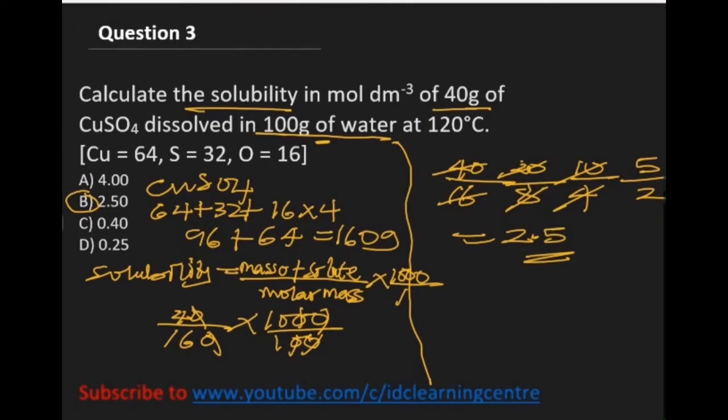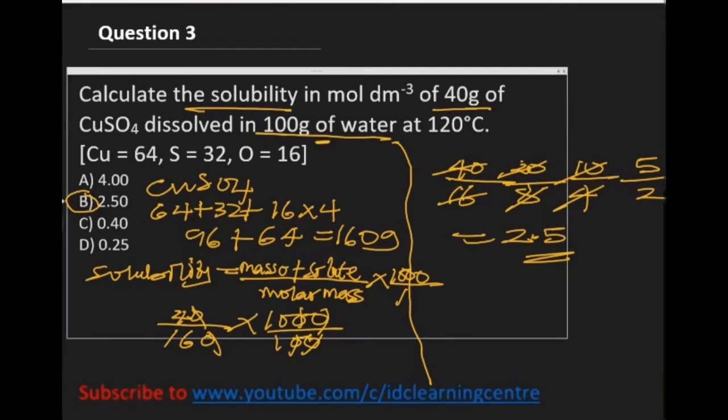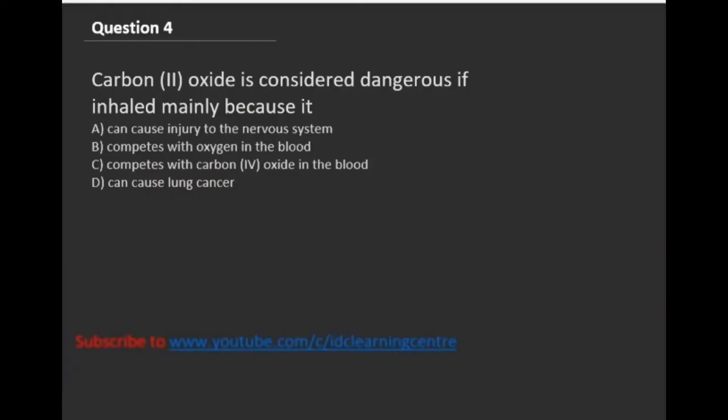So the next question is question number 4. It says carbon 2 oxide is considered dangerous if inhaled, mainly because it can A. cause injury to the nervous system, B. competes with oxygen in the blood, C. competes with carbon 4 oxide in the blood, D. can cause lung cancer.